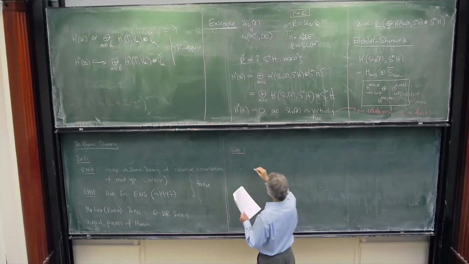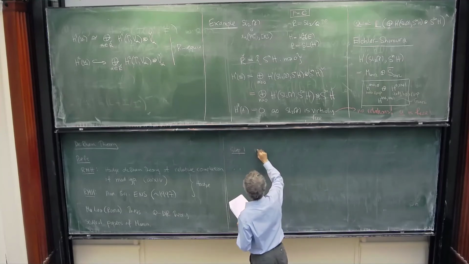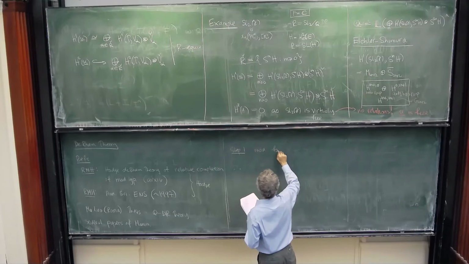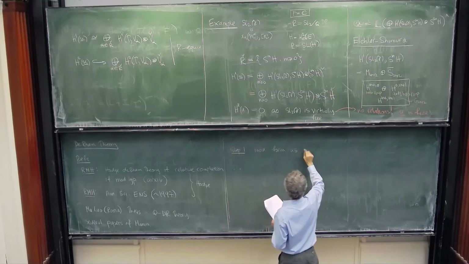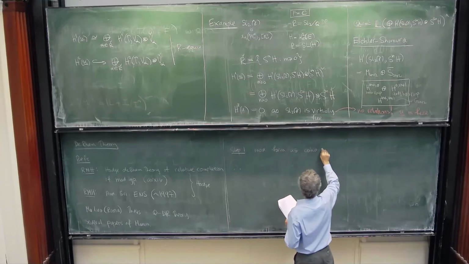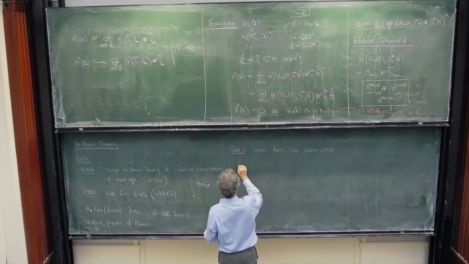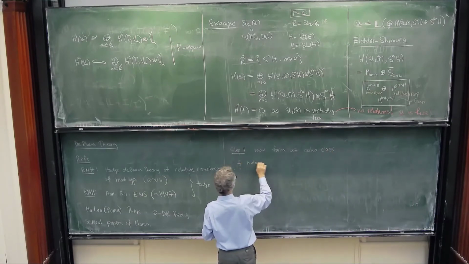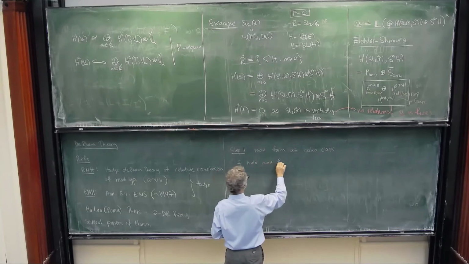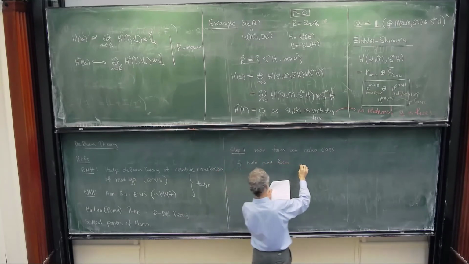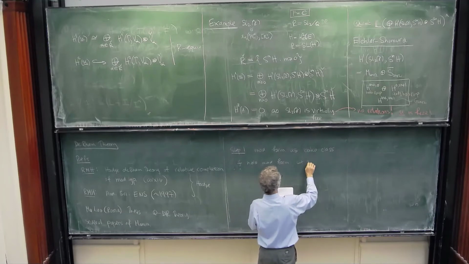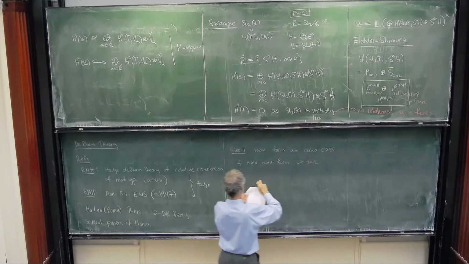So, modular form as cohomology class. This is absolutely standard, but let me write it down. So let's take f to be a holomorphic modular form of level 1, weight 2n+2.